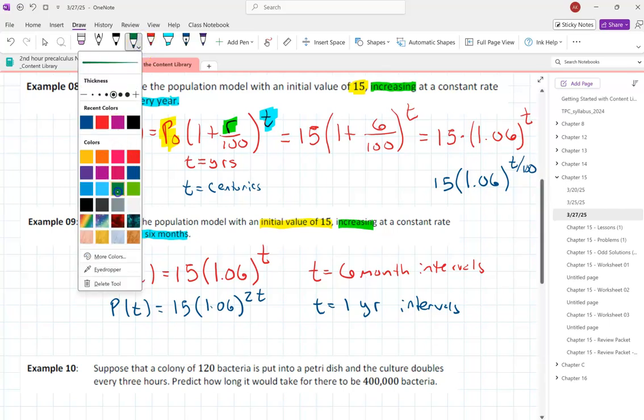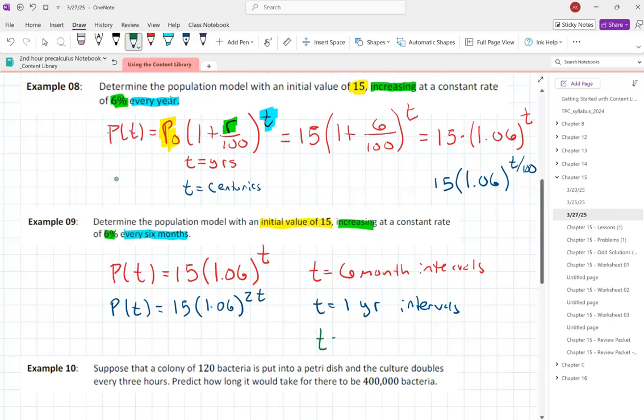Or maybe I say, well, what if I just want t to be months? That might be a thing we would want to do. In that case, how much of 6 months is 1 month?